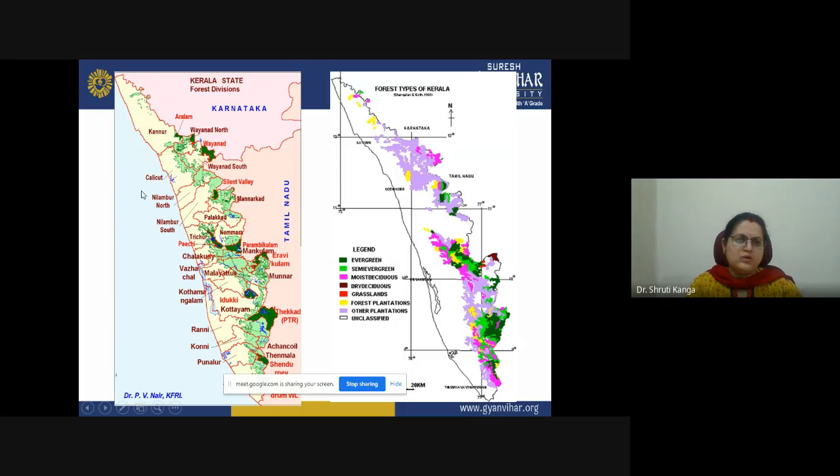Okay, Kannur, Calicut, Nilambur, north. So these many forest divisions are there in Kerala state. Okay, and in the other map you can see the forest types of Kerala: evergreen, semi-evergreen, moist deciduous, dry.